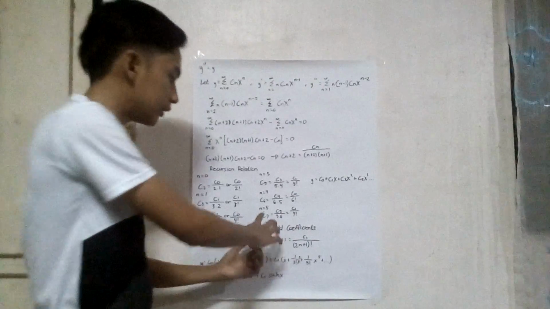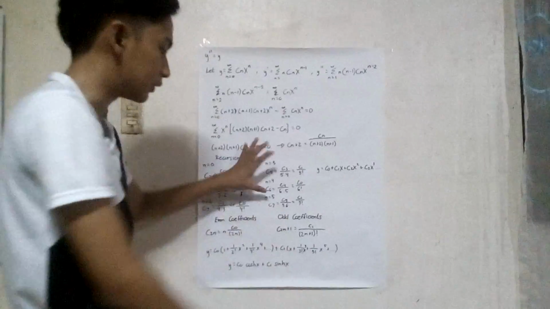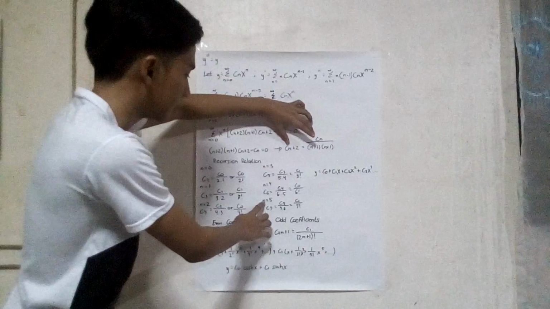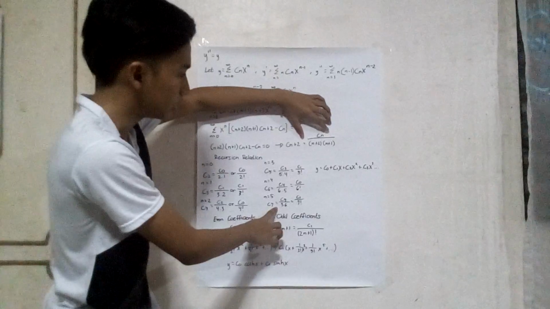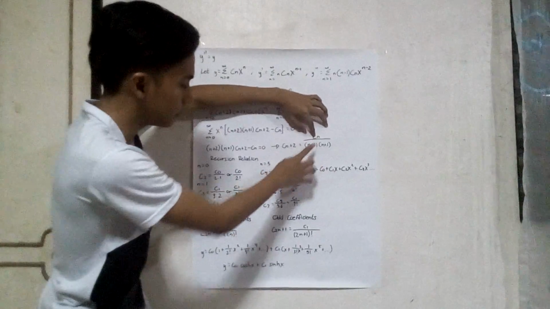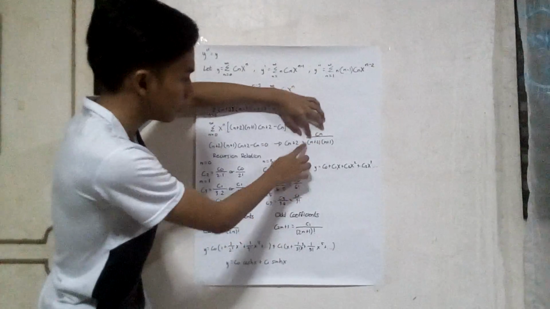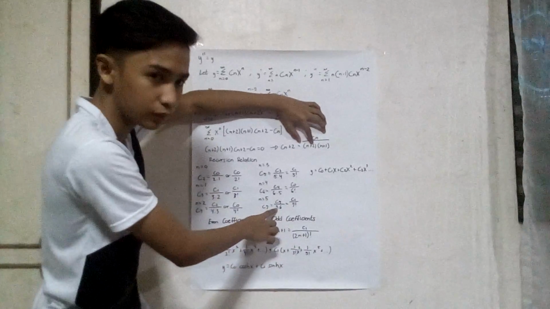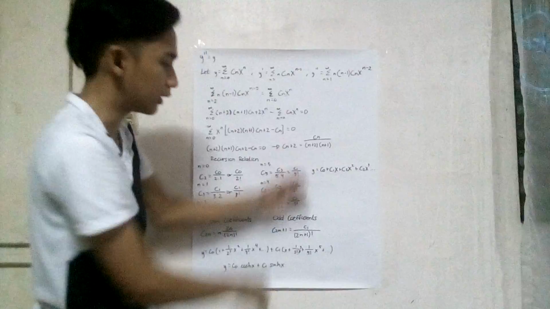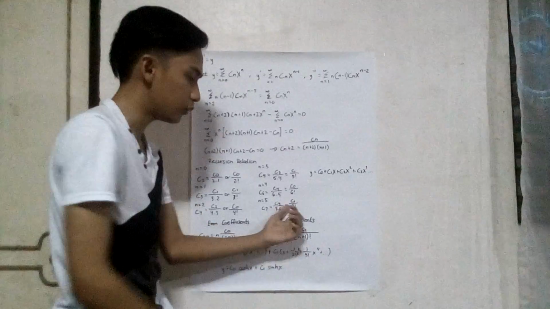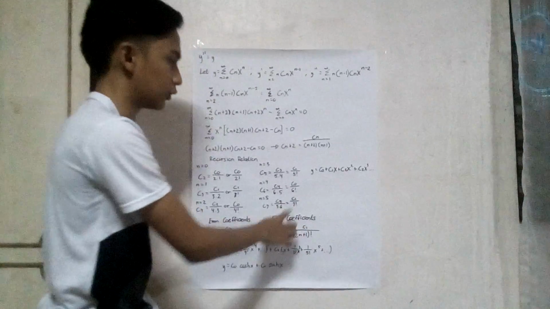And by n equals 5, substituting again, 5 plus 2 gives c7 equals c5 over 7 times 6, or just simply c1 over 7 factorial.